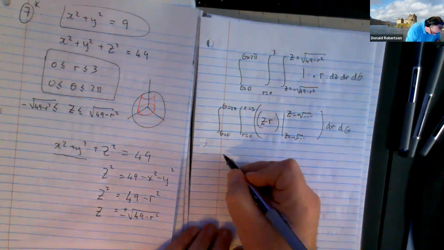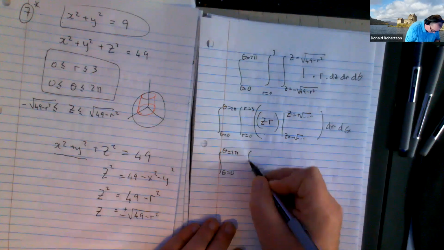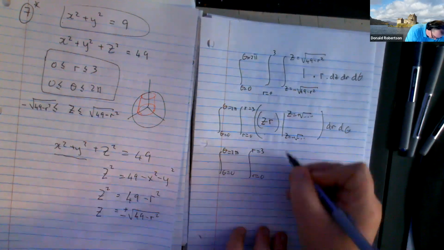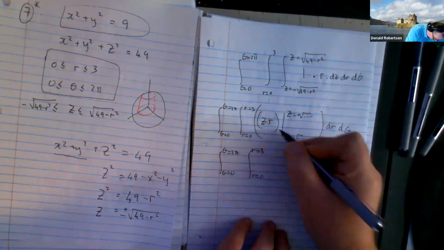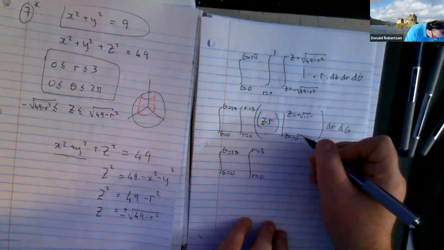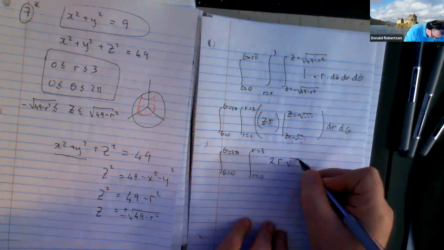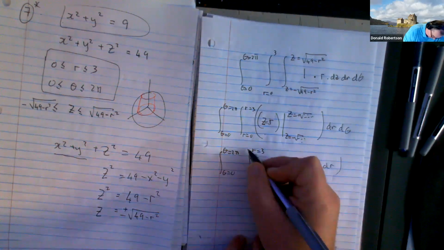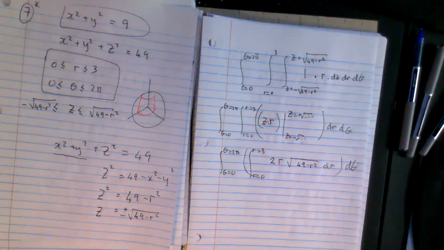So you're going to have theta equals 0 to theta equals 2 pi. You're going to have r equals 0 to r equals 3. And when you plug in z for this guy, take away z for this guy, you get this guy, take away a negative of this guy, you end up with 2 of them. So once you've got rid of that, the twos just cancel out.